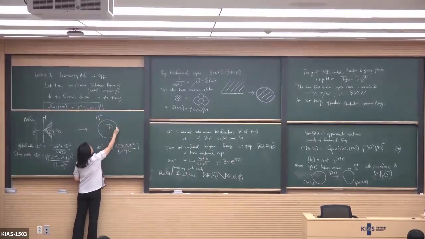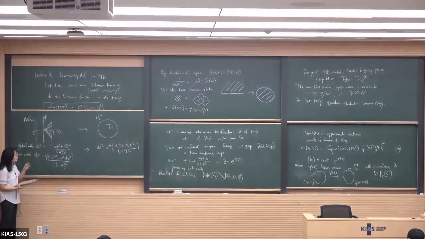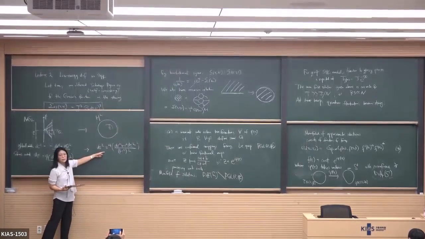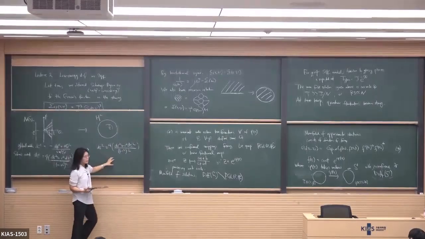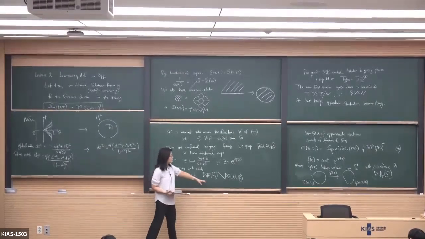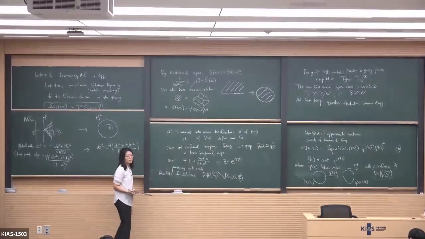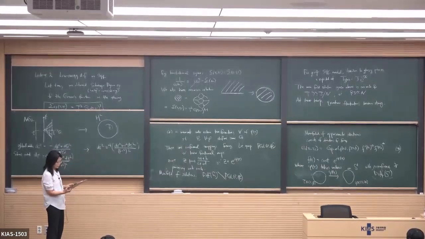Goes around the disk, sorry. And on this geometry, the group of isometries is exactly given by PSL2R. So the symmetry matches with the group of solutions at low temperatures.